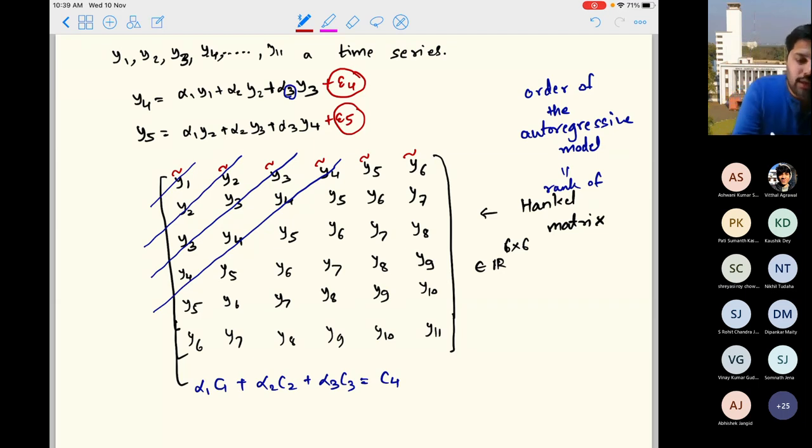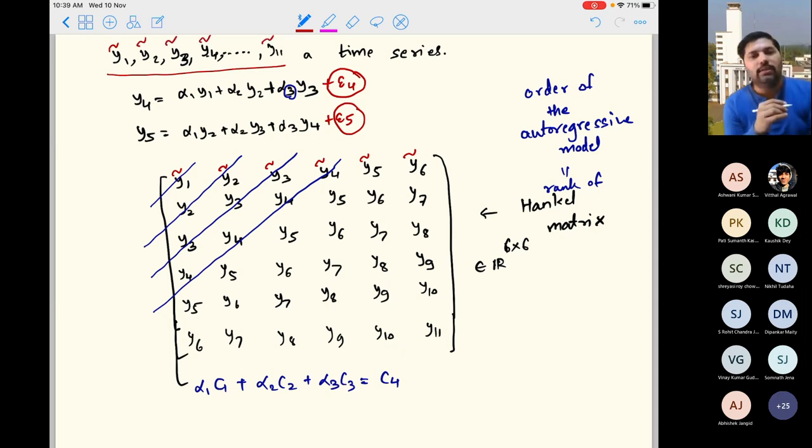So because you observe the time series data with noise, even if the time series is autoregressive, the Hankel matrix that you construct, however small the noise, will be a full rank matrix.